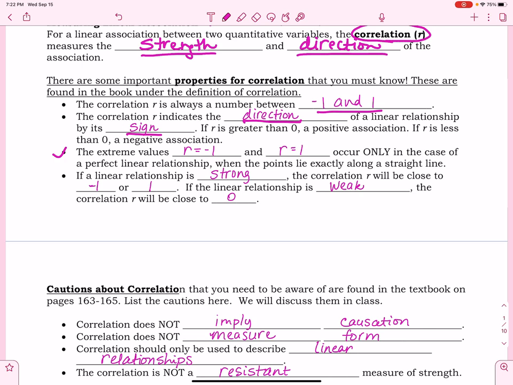So that means that correlation is always going to be a decimal because our extreme values, -1 and 1, only occur when we have a perfectly straight line, which real data rarely produces. Keep in mind that it shows me direction by its sign. If it's positive, that means a positive association. If it's negative, there's a negative association. The closer the correlation is to 1 or -1, the stronger it is. The closer it is to 0, the weaker it is.